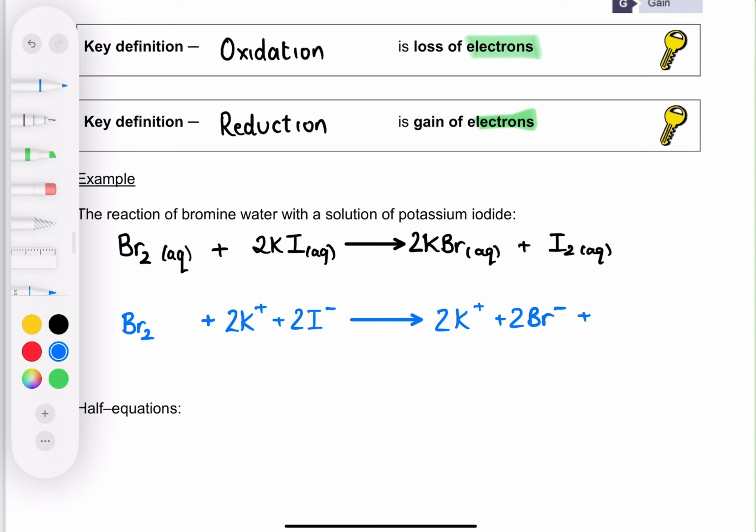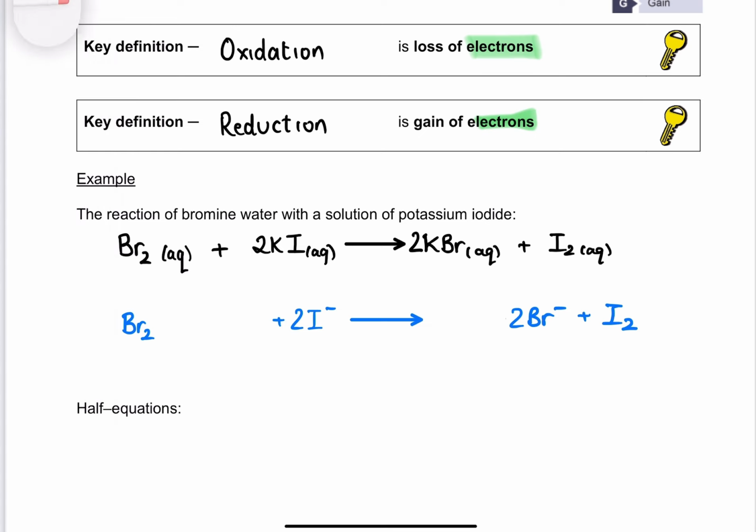Iodine is a covalent compound, so that will not split into ions. We can get rid of the potassium ions on both sides, and we have the ionic equation, rather than the full chemical equation.